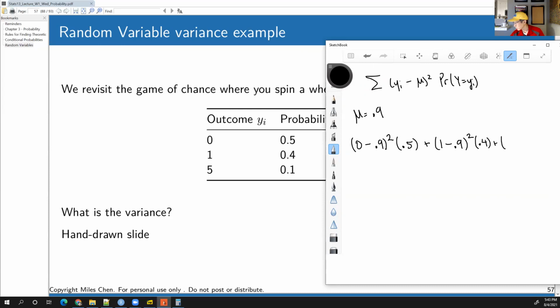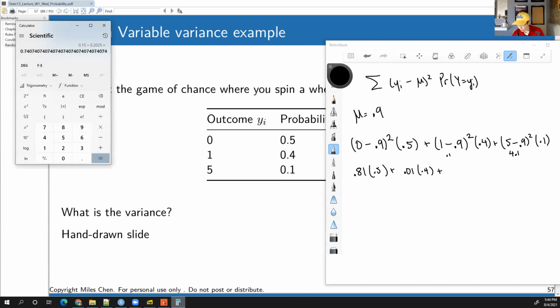And then the last outcome is we can get 5. We subtract off the mean, square it, and multiply by the probability of getting that outcome. Okay, so 0.9 squared is 0.81 times 0.5, plus 1 minus 0.9, this is 0.1. 0.1 squared is going to be 0.01 times 0.4. And 5 minus 0.9 is 4.1.